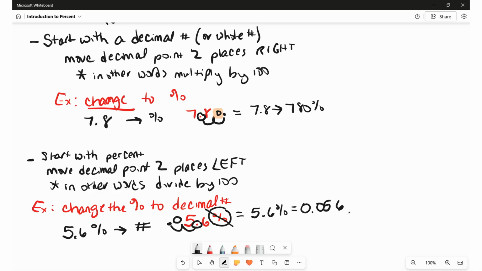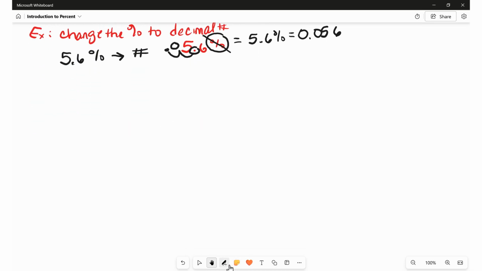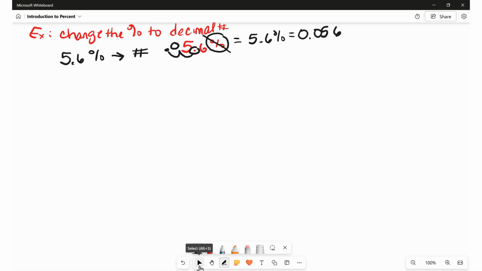Those are the big things that we need to deal with percents as far as just changing them. There is one more thing that we can look at really quickly here, and that is if we start with a fraction.